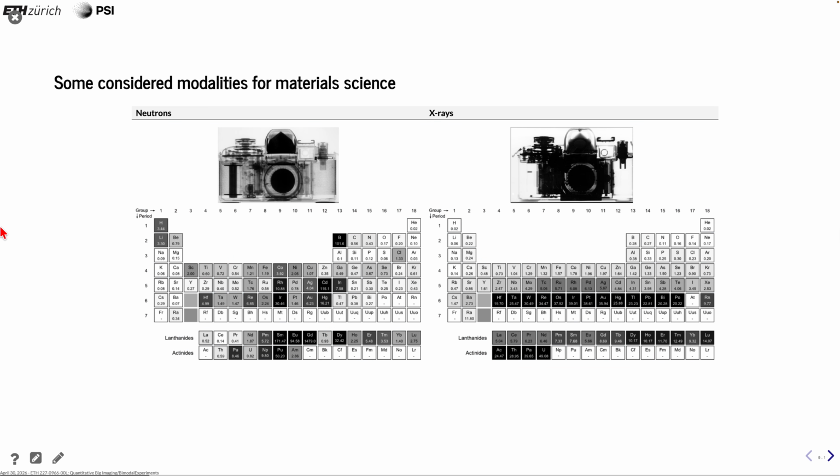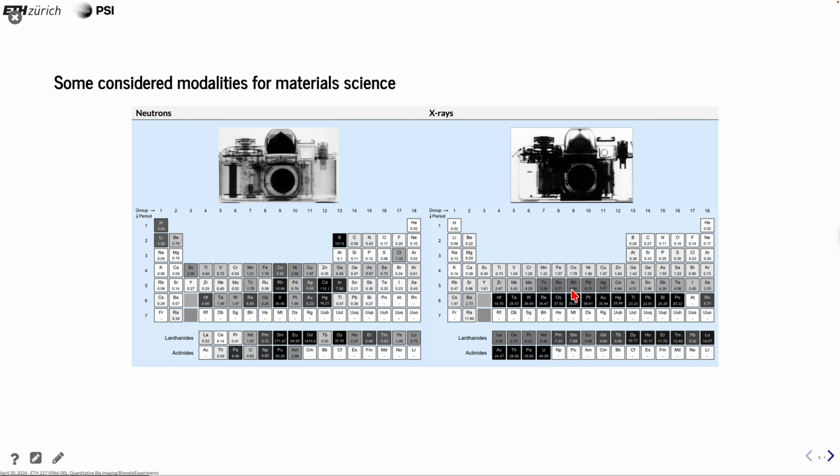And if we look at different modalities applied for materials science, I'm taking my main topic that I'm working with, the neutrons versus the X-rays. If you look at these periodic tables, you can see that both of them have very different contrast. The gray level of each element corresponds to how large the attenuation coefficient is, and you can see there is quite a big difference between the two.